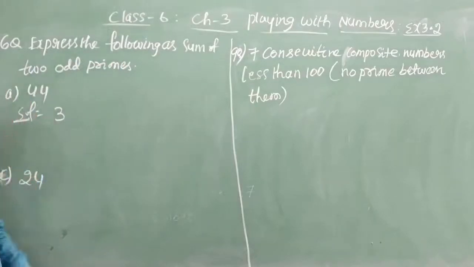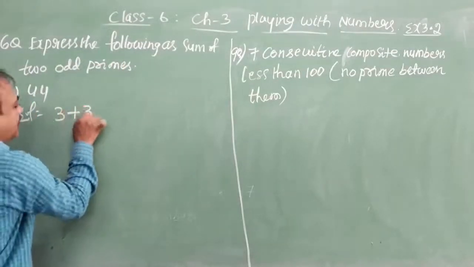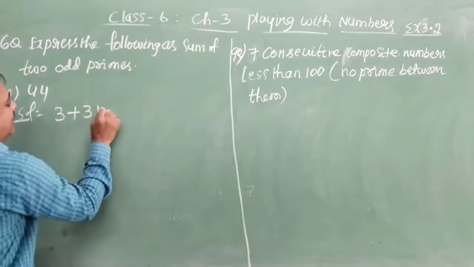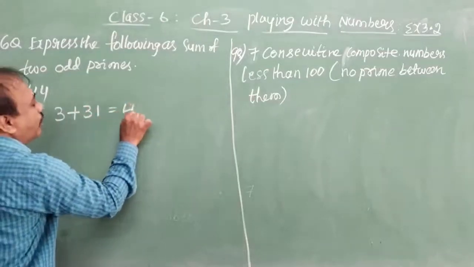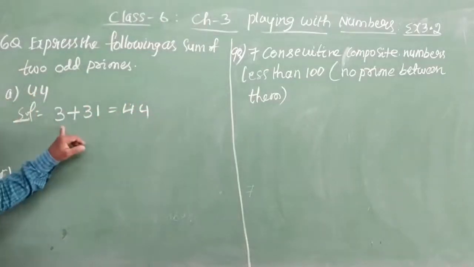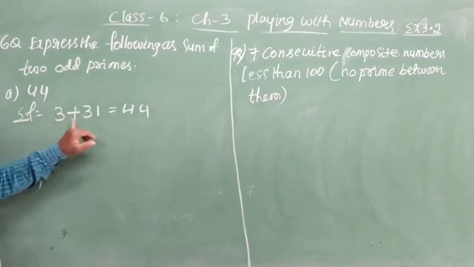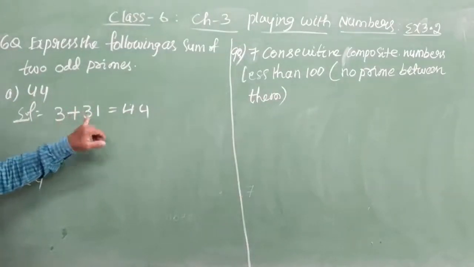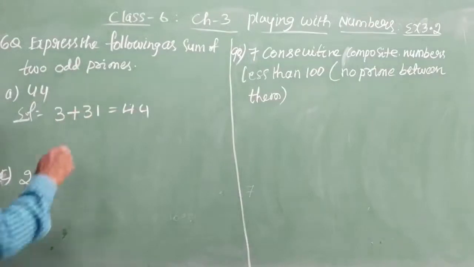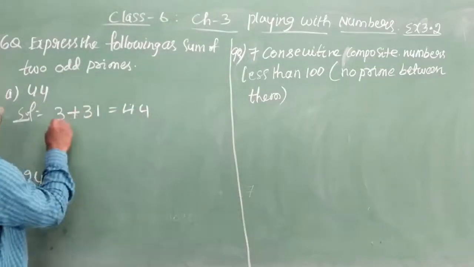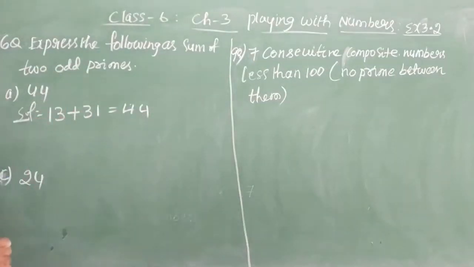So first I am taking 3 plus 31 is equal to 44. See, both are prime numbers. Sorry, 3 plus 31 would be 34, so it is 13 plus 31. Sorry, 13 plus 31 is 44.